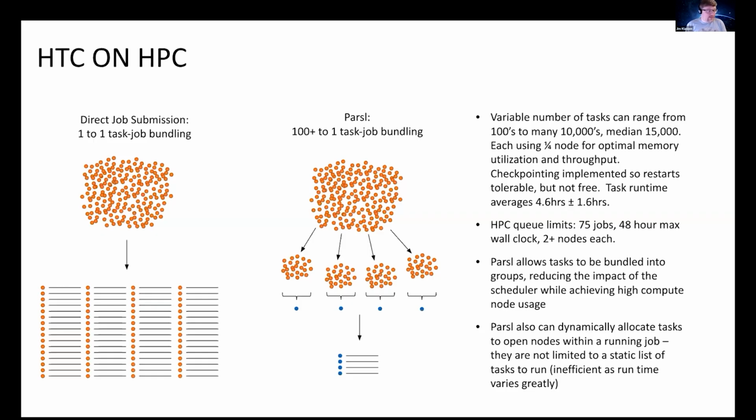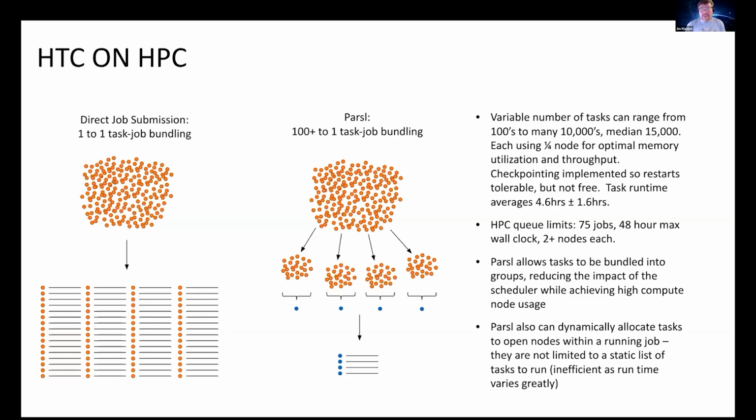This doesn't fit well into HPC systems. Our current limits are something like 75 jobs at once with a 48-hour max wall clock, and each job has to be greater than 2 nodes each.